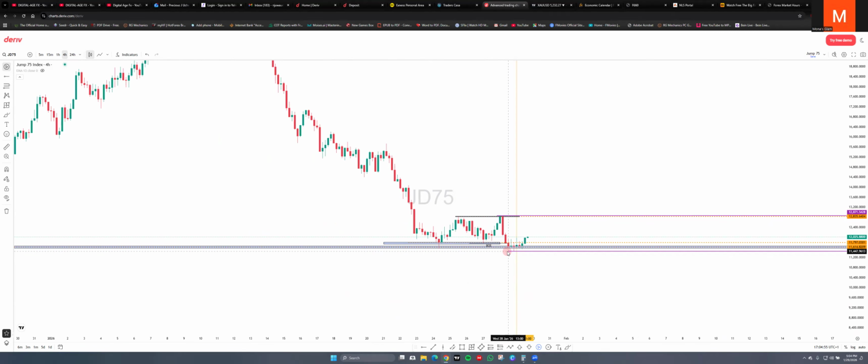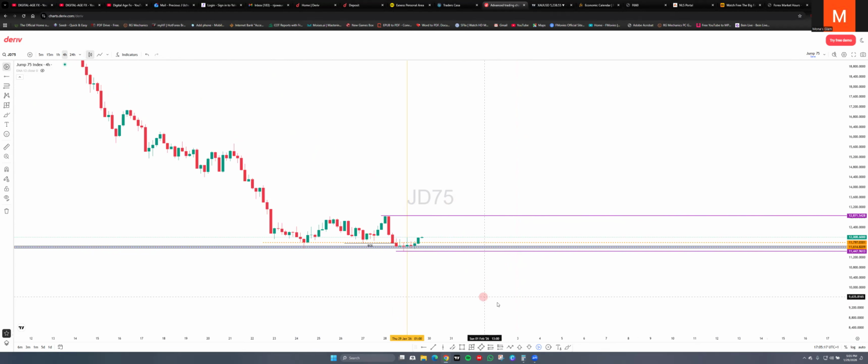Okay, so we have a range on the 4 hours. Range is here. The reason why I put this one here is because I'll show you when we get to a lower chart.